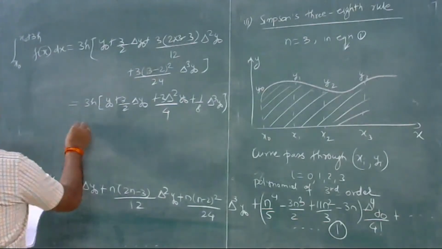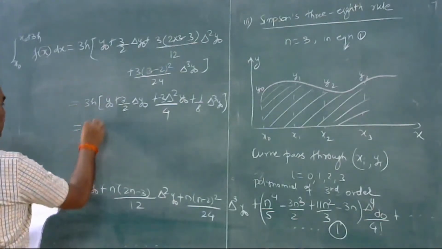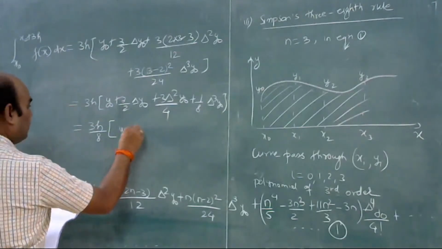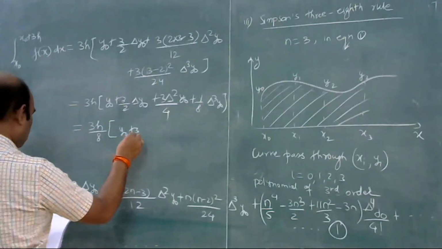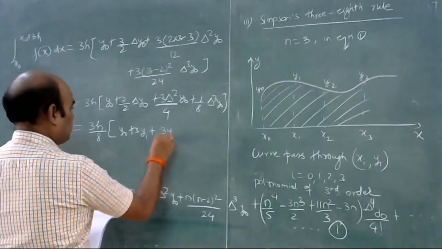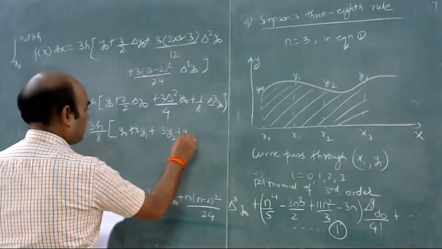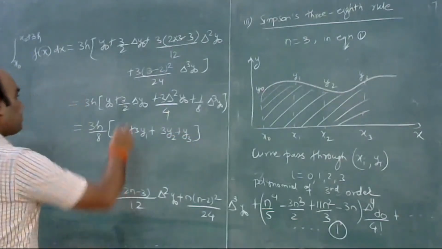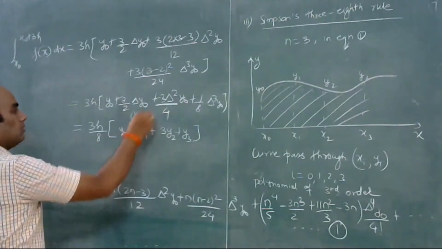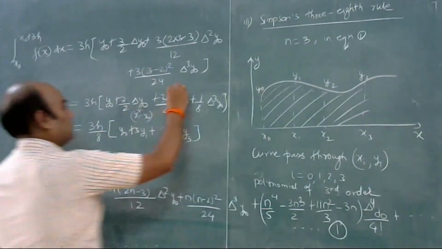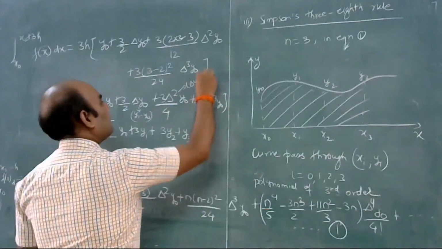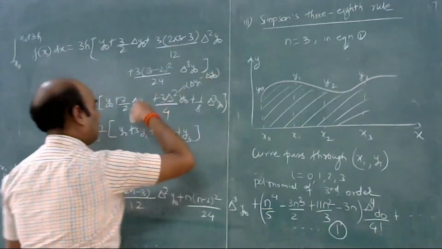We are directly writing it as 3h divided by 8 times y0 plus 3y1 plus 3y2 plus y3. So just substitute del y0 as y1 minus y0, and del y1 minus del y0, and again solve this.